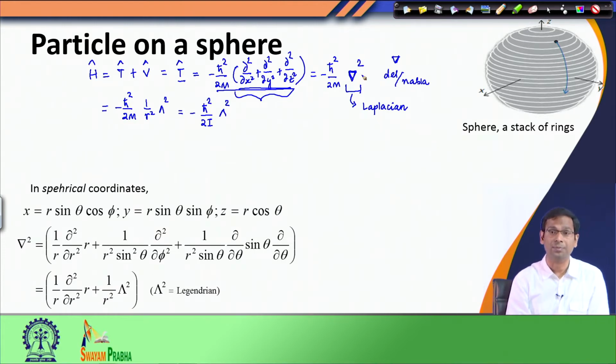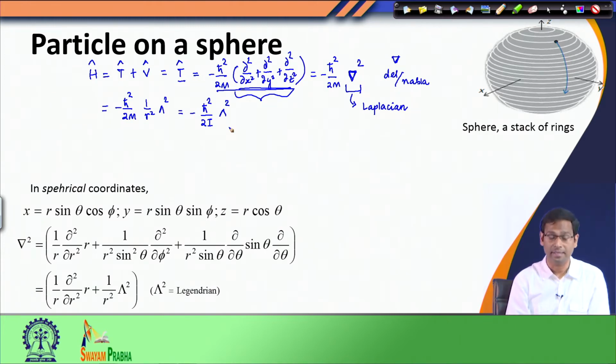I introduced the Laplacian operator, and when I express the Laplacian operator in spherical coordinates, I see there is a radial term and then there is the Lagrangian. The radial term is inactive here because I am talking about a sphere of a fixed radius. So, I am left with only the Lagrangian term. At the end, I have defined my Hamiltonian in terms of the Lagrangian.